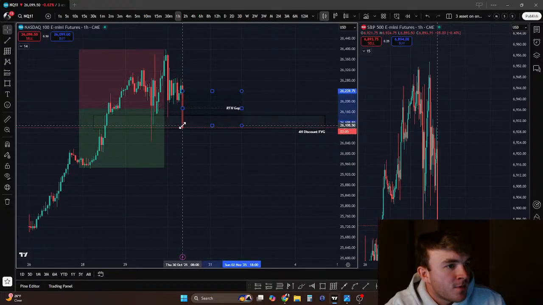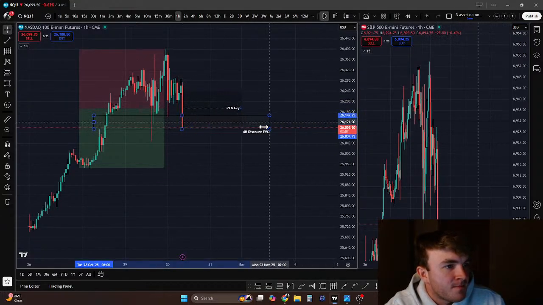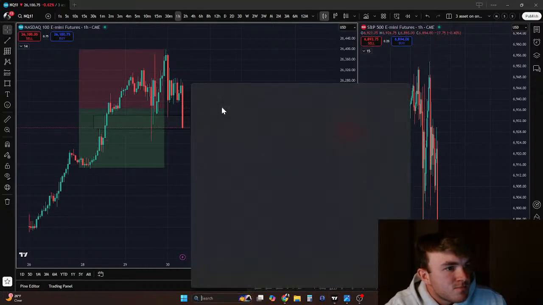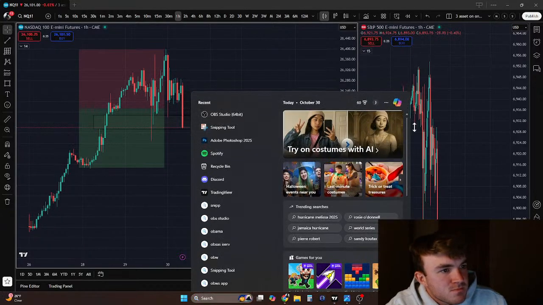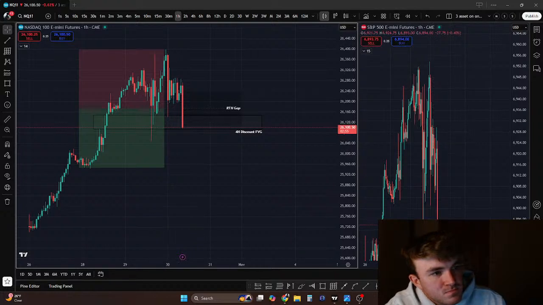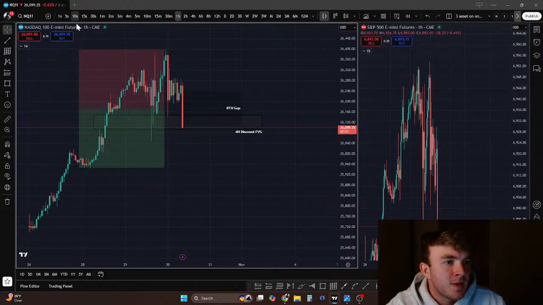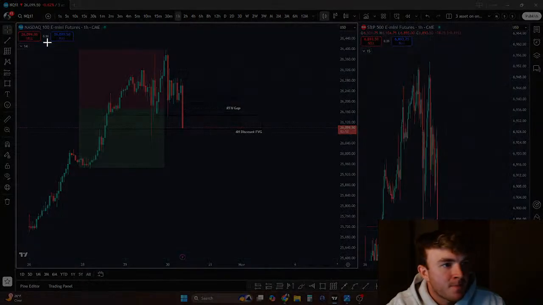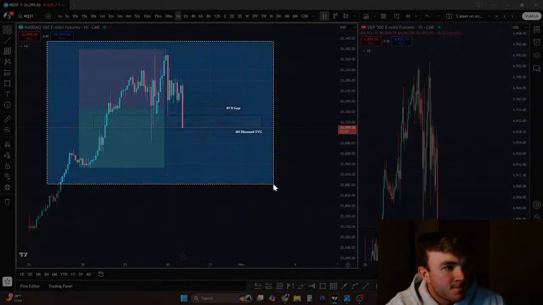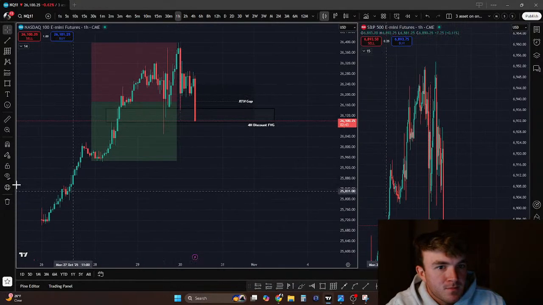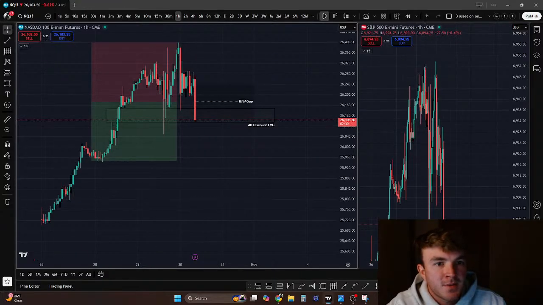Right, so we will form an RTH gap to the upside, but also we could be having a CRT to the downside. I don't know if I'm bullish. I don't know if I'm bearish.